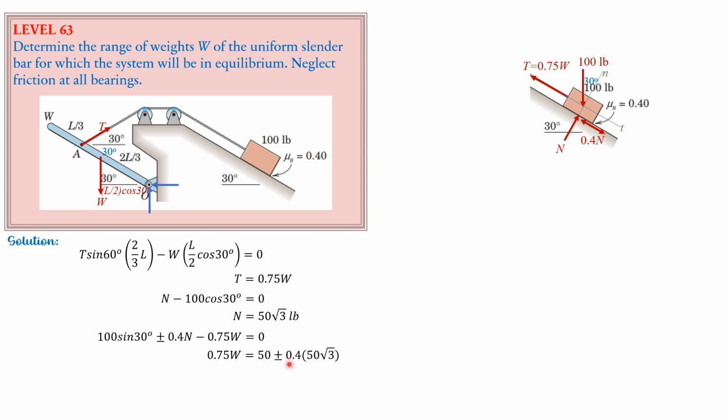So for the lower limit, we use minus, and for the maximum value, we use plus. So solving for W as a range, we have 20.48 pounds less than or equal to W, and W is less than 112.9 pounds. So that's it for this problem.